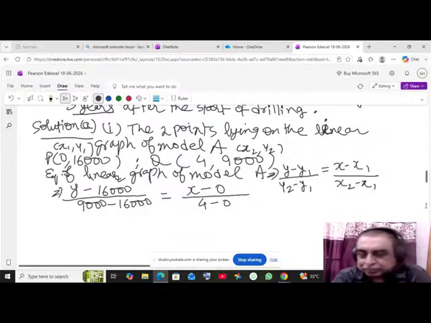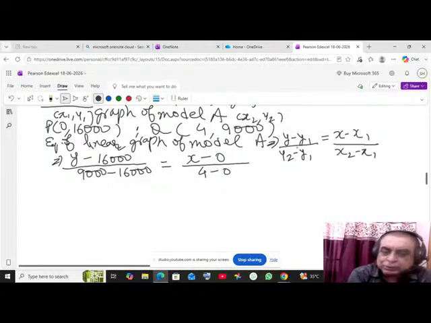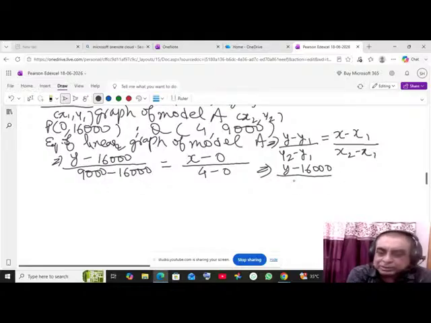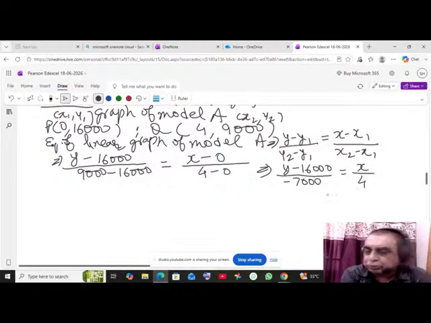Now simplify and find the equation of the model A graph. So y minus 16,000, whole divided by 9,000 minus 16,000, which gives minus 7,000, equals x minus 0, which is x, since from any number we subtract 0 we get the same number, upon 4 minus 0, which is 4.